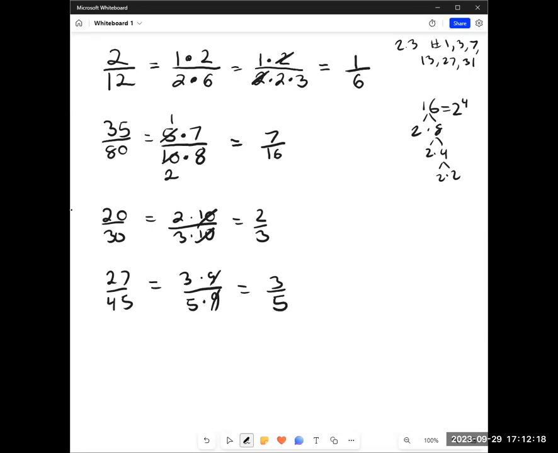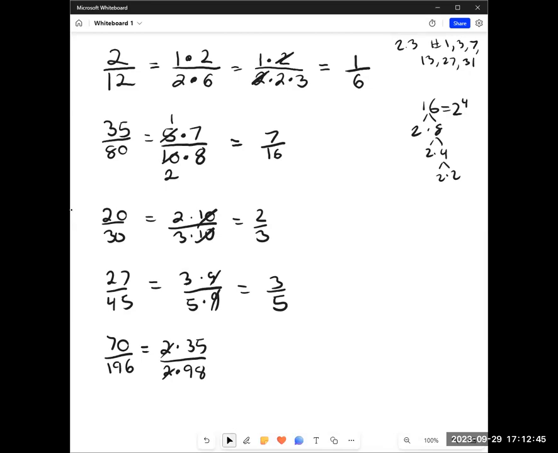Our next one is 70 divided by 196. So we know that they're both even numbers for sure. So we can break them down that way. Let's start there, that this is 2 times 35. And this is 2 times 98. Those 2's will cancel.